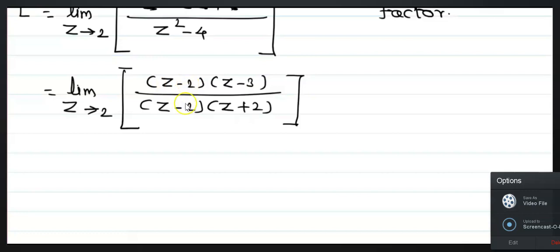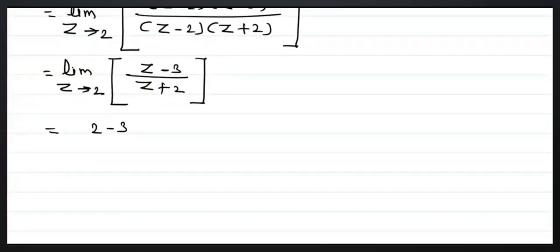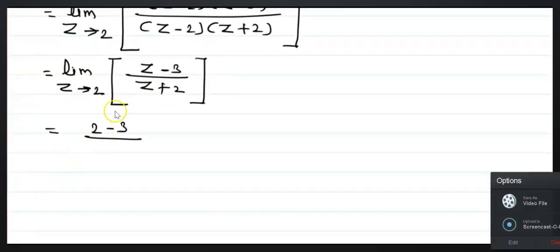For the denominator, z minus 2 and z plus 2. Now what will cancel? z minus 2 is the cancellation factor. Therefore, z minus 2 gets cancelled from the numerator and the denominator. What is remaining? z minus 3 upon z plus 2.